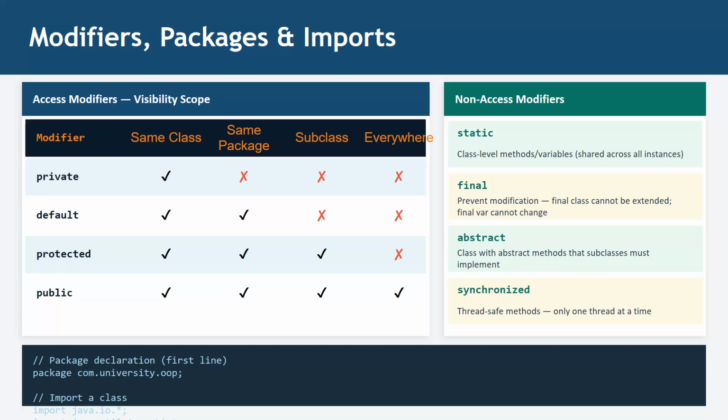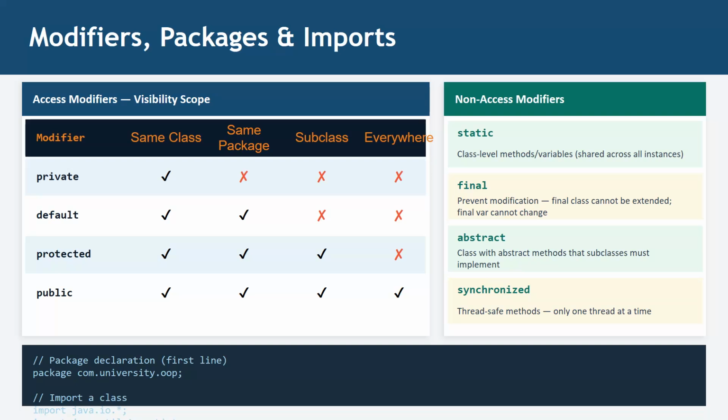And if you have used final in a variable, then it means that that variable cannot be changed. So there is no form of modifications that can be done on that. So it prevents modifications. The final class cannot be extended. Then we have the abstract, which is a class with abstract methods.